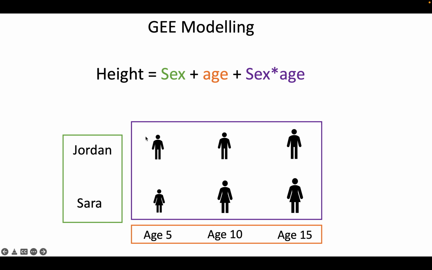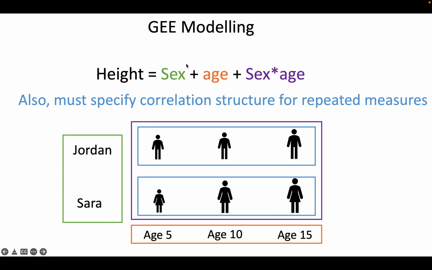And what we're doing with repeated measures is the interaction between this variable and time. So what this permits is looking at the relationship between getting older and getting taller. Does that vary by sex? Is that relationship different depending on if you're a boy or a girl?